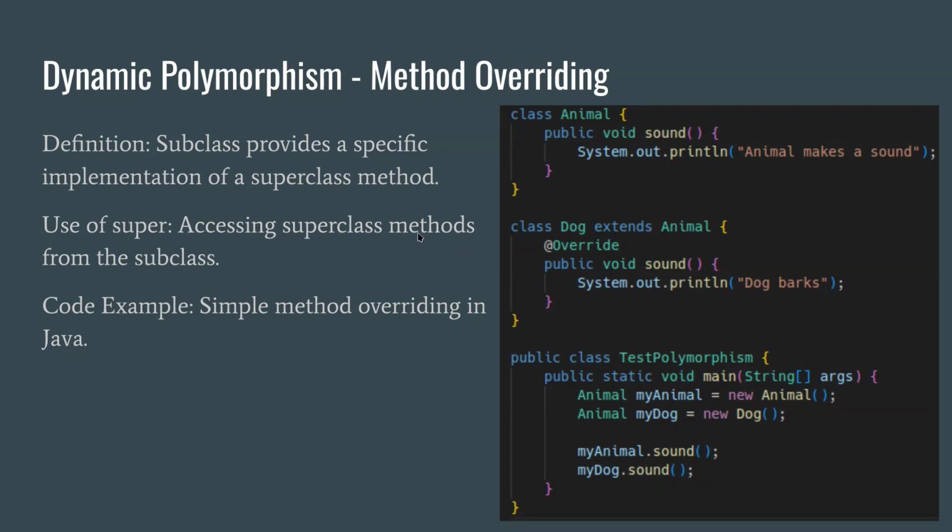If you want to, you can invoke the superclass's version of the method by calling the super keyword, and this can be really useful when you want a subclass to implement a more specific behavior that's different from the one defined in the superclass.